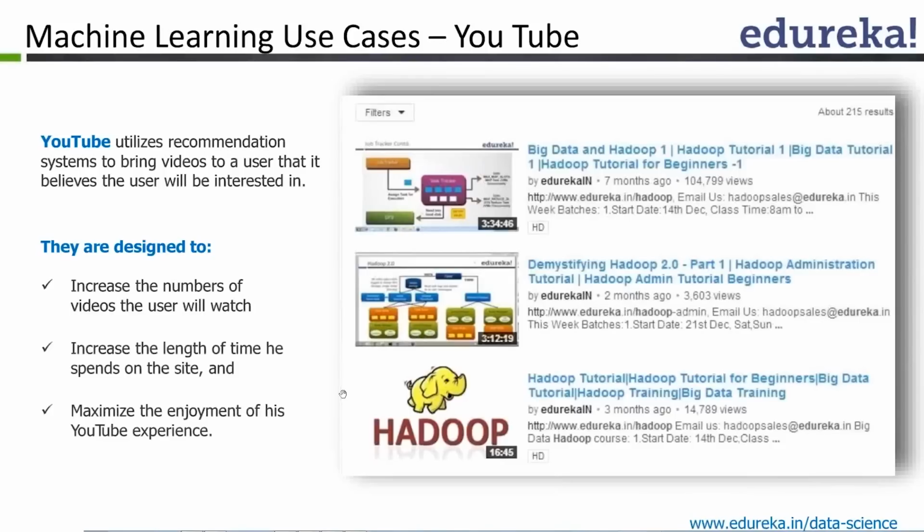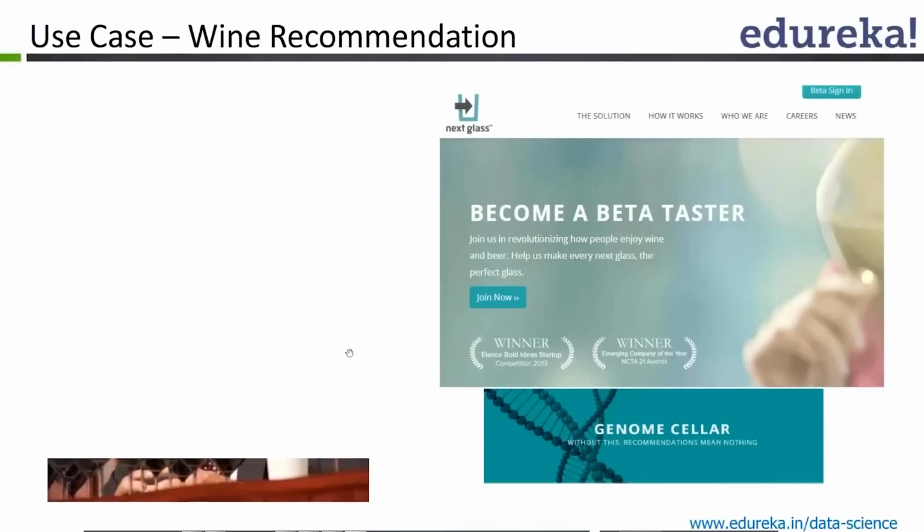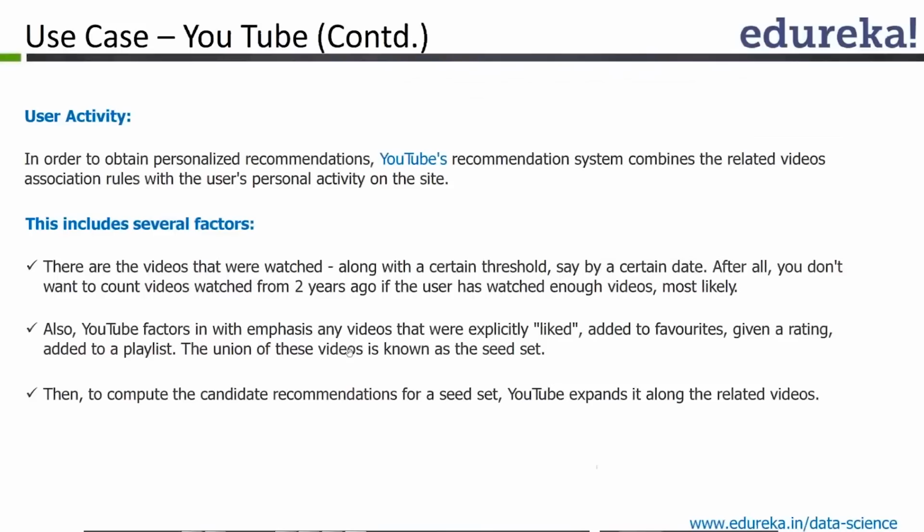Okay, so that's one popular use case, and obviously in YouTube, how would the website start creating recommendations, right? It's primarily based on your history, and that history combines a number of things.